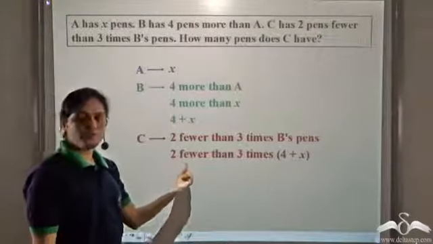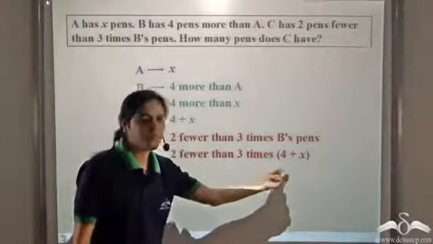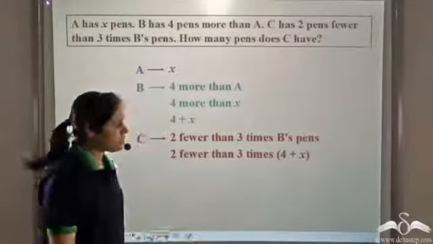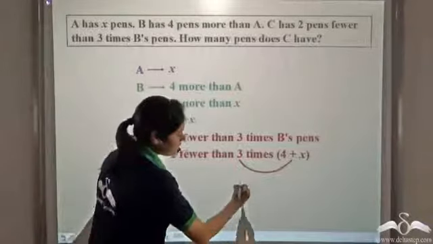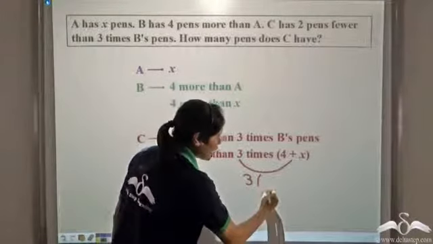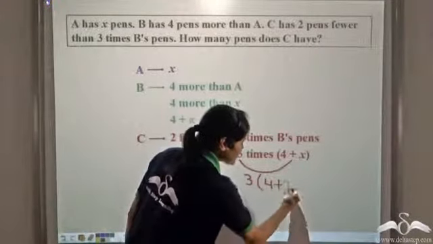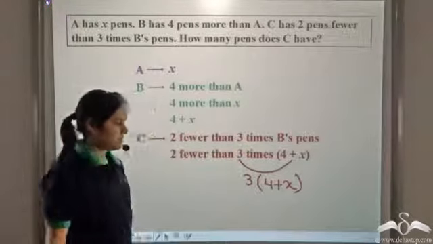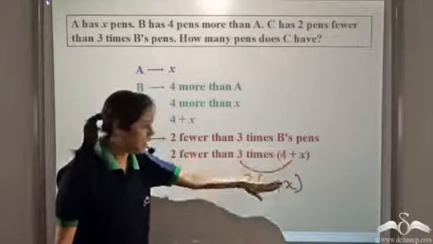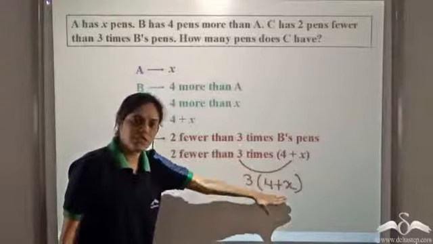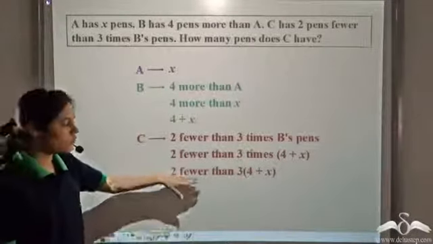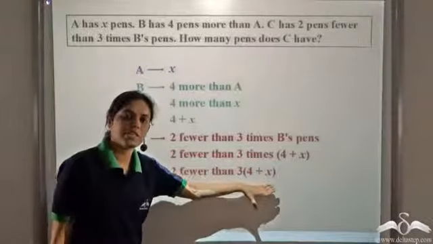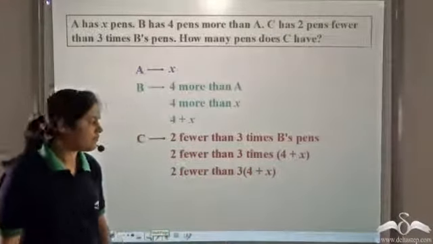So C has 2 fewer than 3 times 4 plus x. Now 3 times 4 plus x stands for 3 into 4 plus x. So we can replace this part with 3 into 4 plus x. So C has 2 fewer than 3 into 4 plus x.